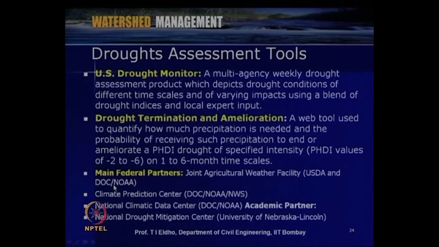Many agencies in the United States, like the Joint Agricultural Weather Facility of USDA, NOAA, the Climate Prediction Center, the National Climate Data Center, the National Drought Mitigation Center, and various universities, have come together to develop this drought monitor by considering the various indices and the various patterns and changes.